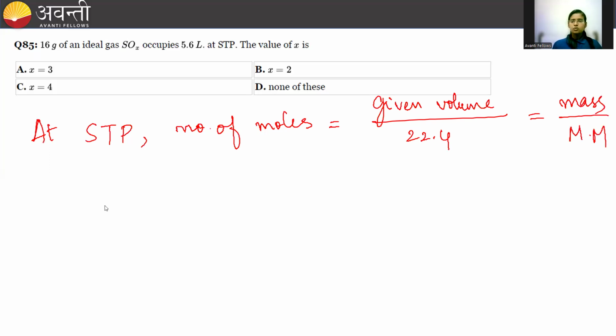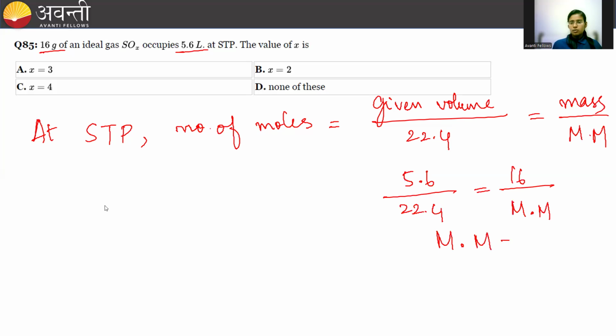Yeah. Now we can substitute and equate this. The given volume is 5.6 by 22.4 and the mass is given as 16 gram for this gas and the molar mass we have to find out by cross multiplication. Okay, so if we cross multiply, we will get the molar mass value as 64.